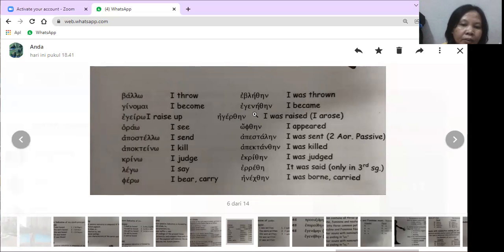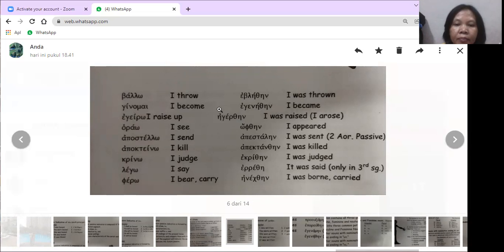For example, ballo, I threw; eblethen, I was thrown.